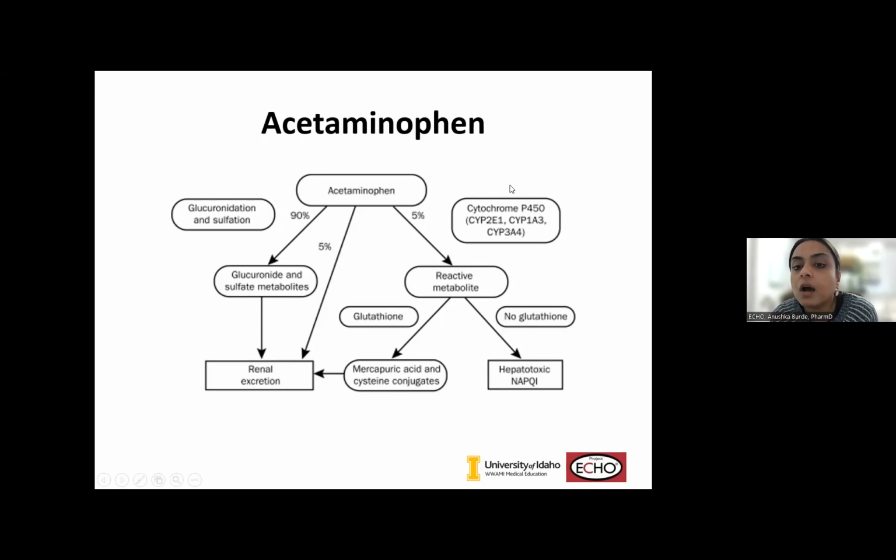So in alcoholics, the CYP450 system is highly induced, which pulls the acetaminophen into more reactive metabolite. And in people who drink alcohol, the levels of glutathione are also pretty low, which is why the reactive metabolite is not made into an inactive metabolite. Instead, the reactive metabolite is converted into something called the NAPQI metabolite, which is basically toxic.